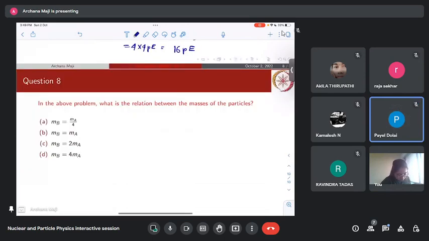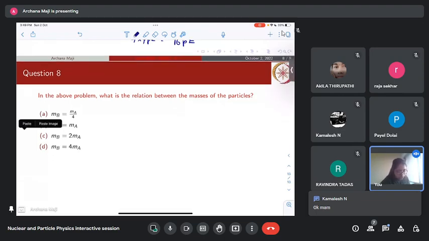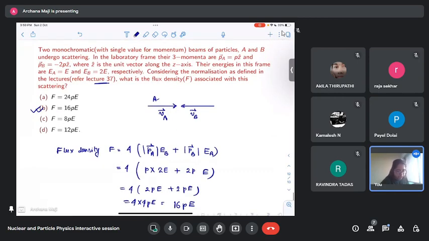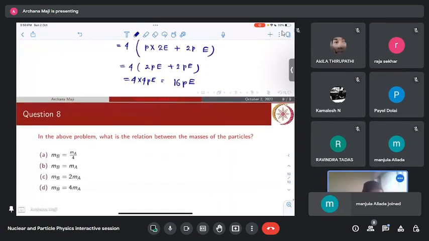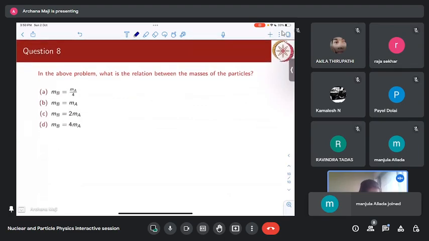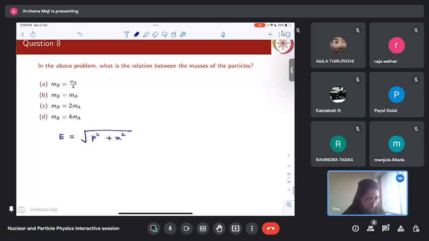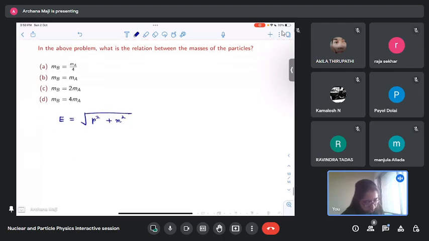Yes, ma'am. In the above problem, what is the relation between the masses of the particles? See, the energies are given, you also know the momentum. We can get the relation between the mass of particle A and the mass of particle B. For that, we just need to use the energy momentum relation. So E is equal to square root of P square C square plus M square C power 4, but we are using units where C is equal to 1.